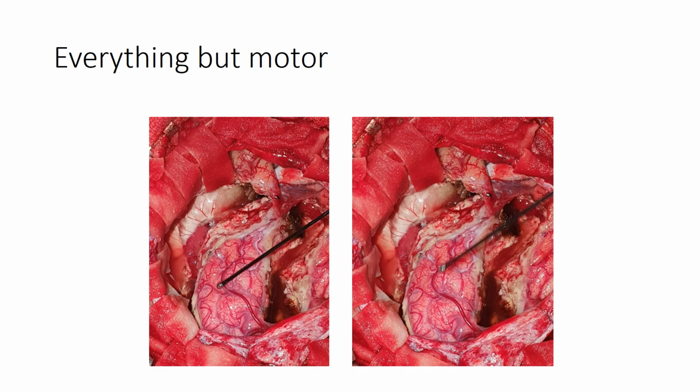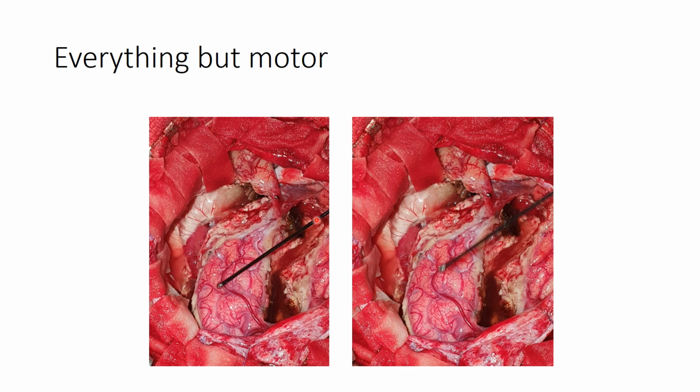As I told you, we rarely use it. This is one case in which we have used subcortical mapping, although I'm showing cortical mapping here on the slide. But this is a very interesting surgery. It's the so-called everything but motor hemispherotomy. So we disconnect one of the hemispheres, in this case the left one, all of it except for the precentral and postcentral gyri and their projections, the corticospinal tract and the thalamocortical pathway.